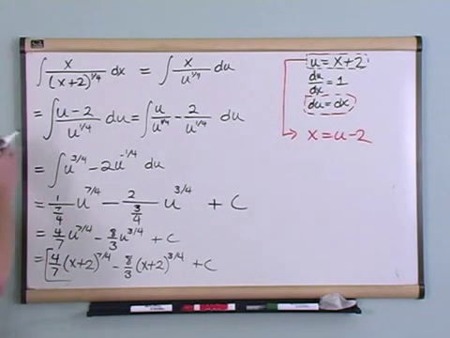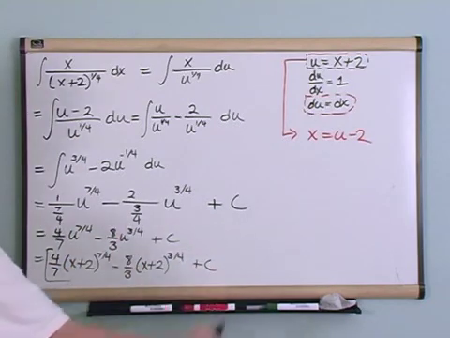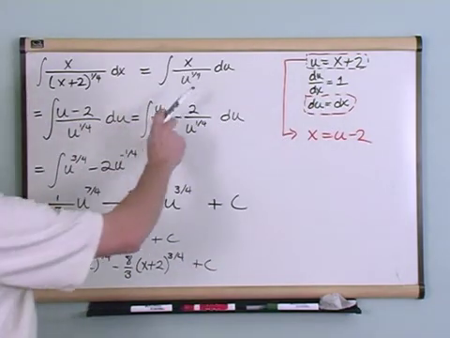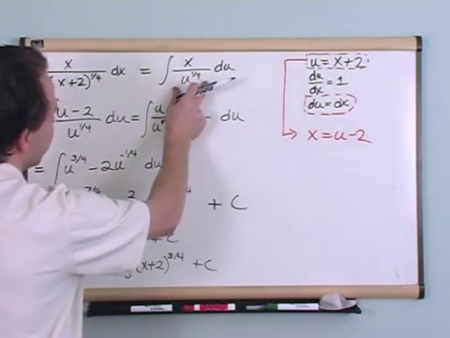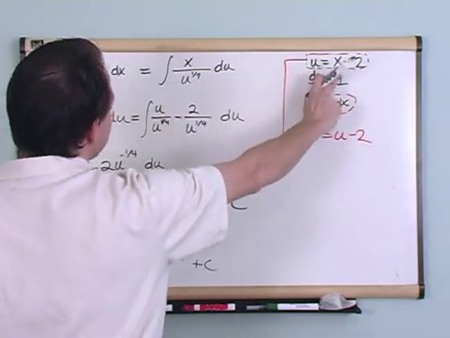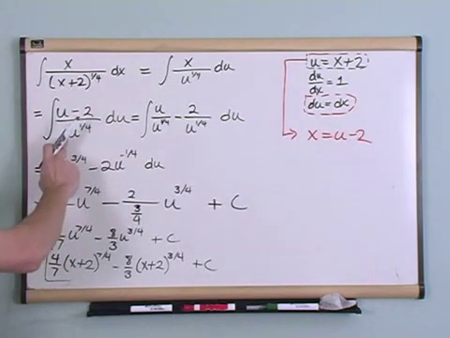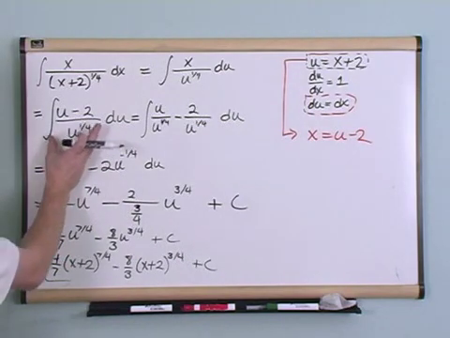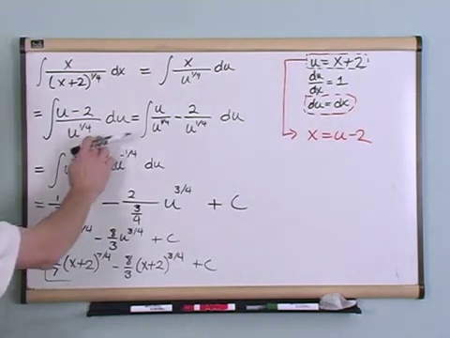Notice that this was a little bit more complicated than the previous problem. I'm trying to get a little bit more challenging as we go. We did a substitution, but in the end, we didn't get it totally in terms of u, but it's simple enough where we could just solve for x and get the whole thing in terms of u. You could even look in a table of integrals in the back of your book.